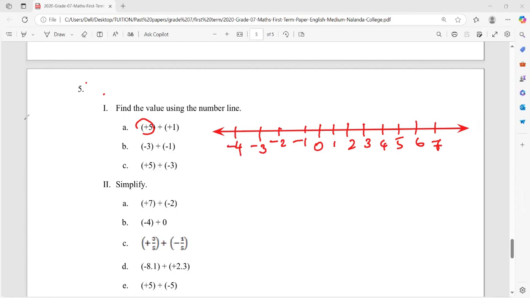Here you have to go from 0 to 5, because we have to start here.